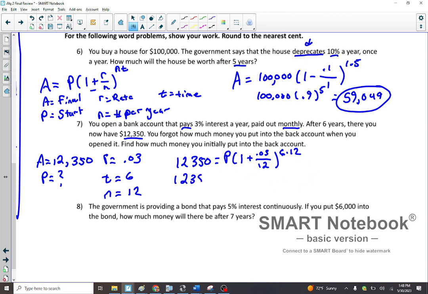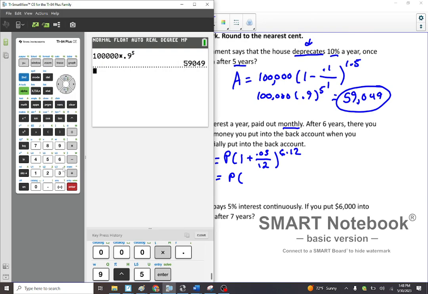Again, you have a calculator throughout the whole test, so anything you want to do in the calculator, you're fine. So that's 72 on top. And this would be, I believe, 1.0075. I'll check. 1 plus 0.03 divided by, yeah.